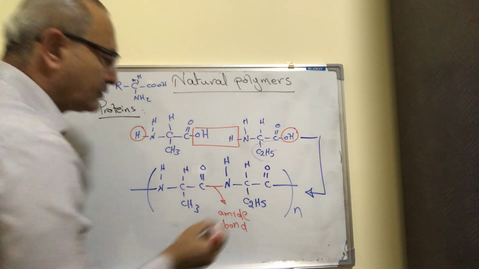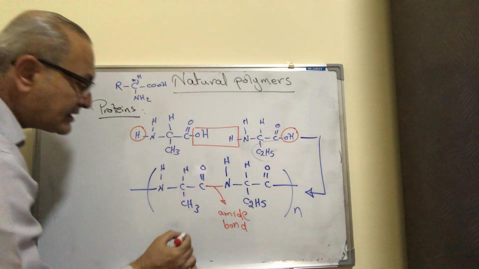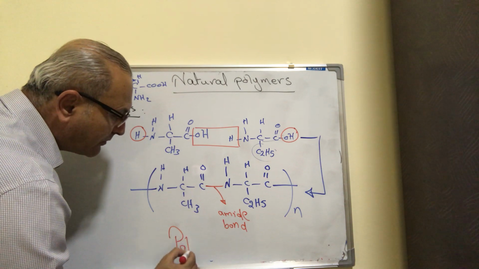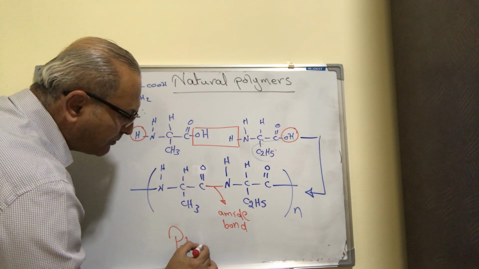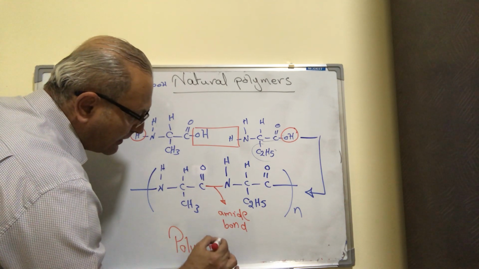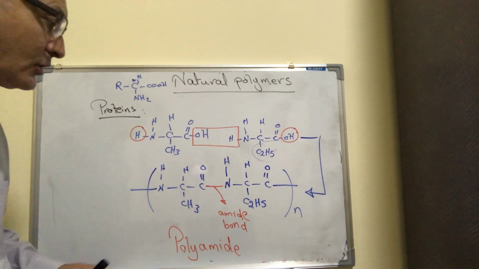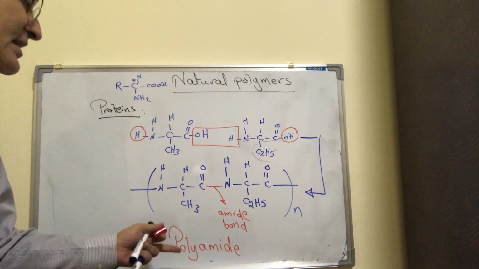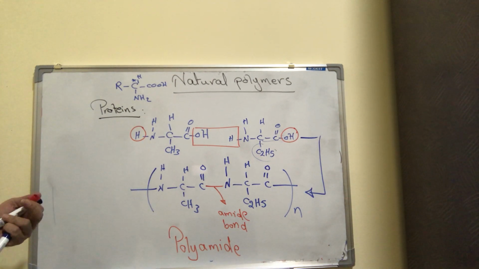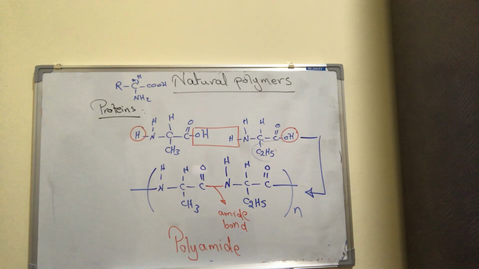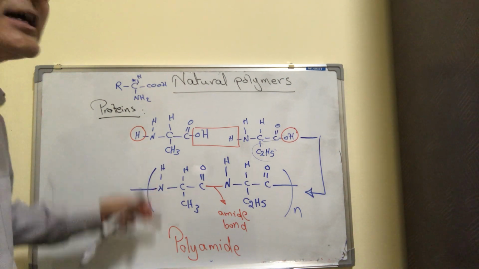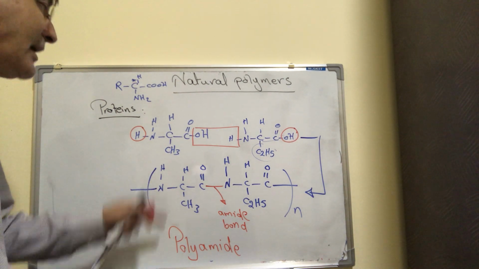So the proteins are named generally by polyamide. Polyamide is the same as we took before, but the difference is that the other one we took before was synthetic polyamide. This is natural polyamide. The natural polyamide is the protein.